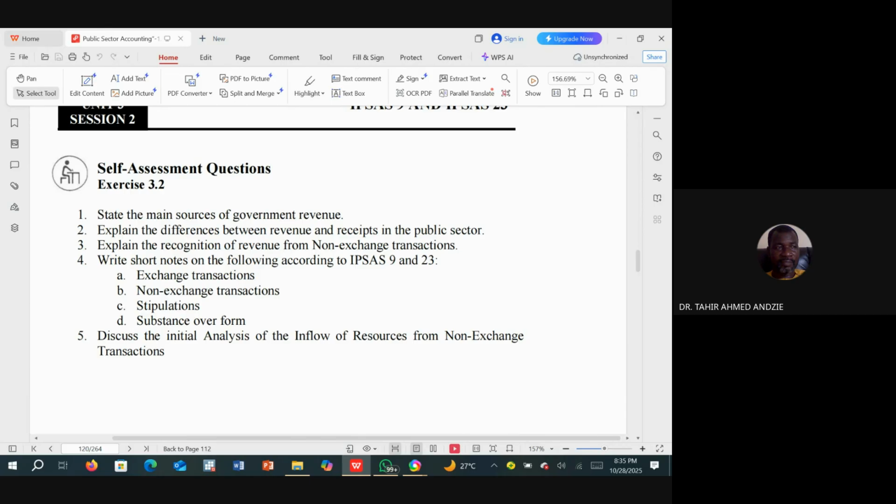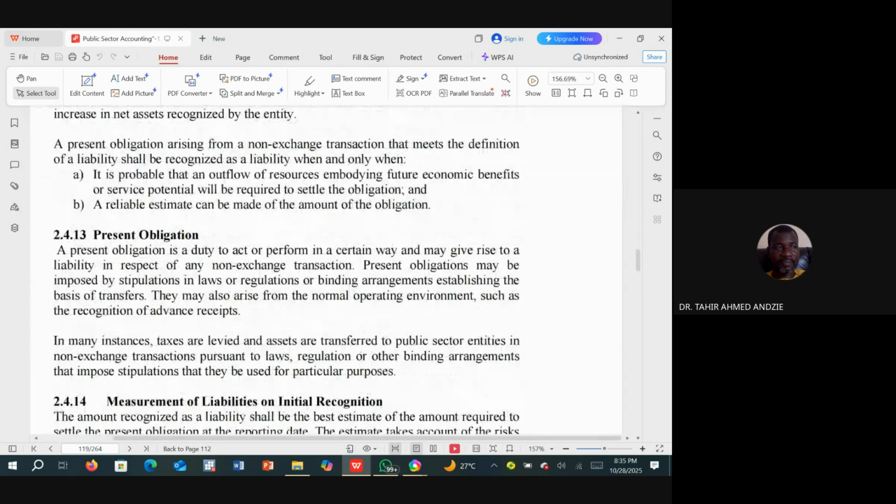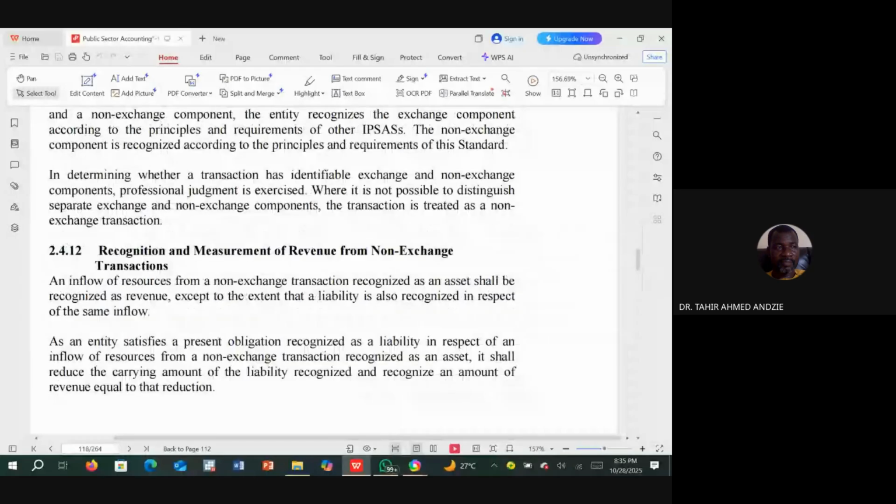The questions here are: state the main sources of government revenue. Have we talked about that?